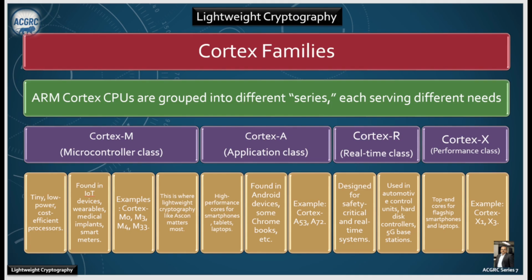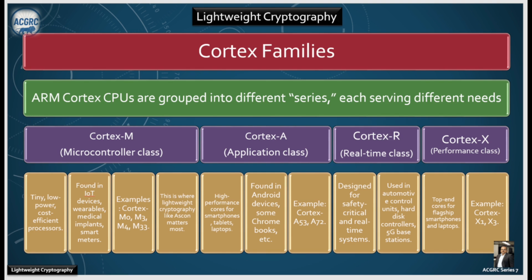When you come to Cortex-A, these are high-performance cores for smartphones, tablets and laptops. For IoT devices, you generally have Cortex-M. For smartphones, tablets, laptops, you generally would have Cortex-A.